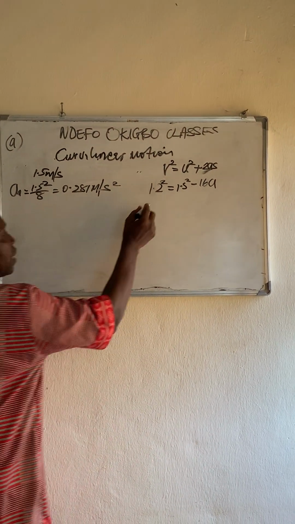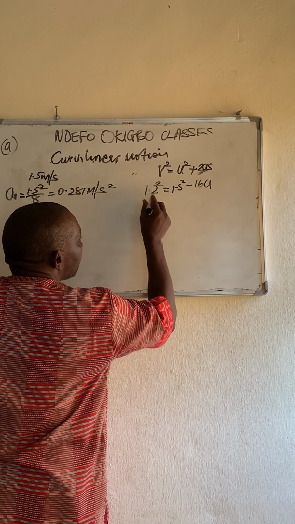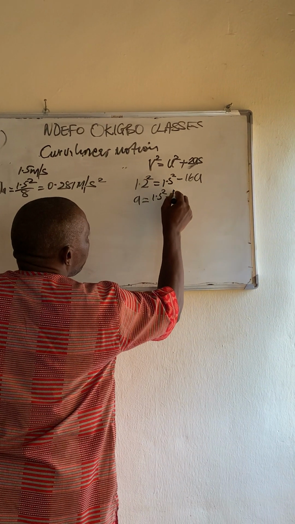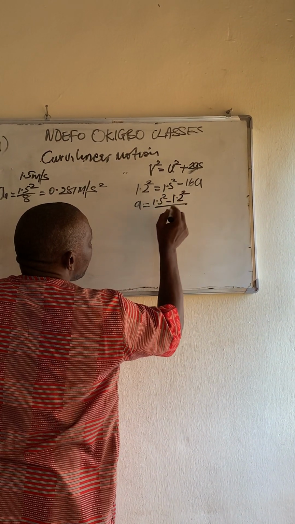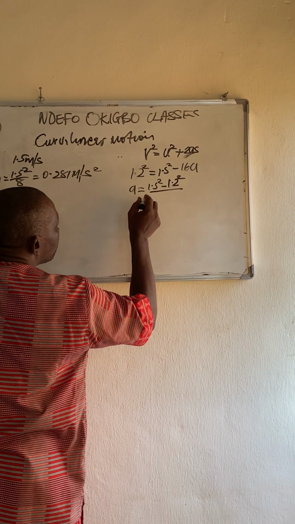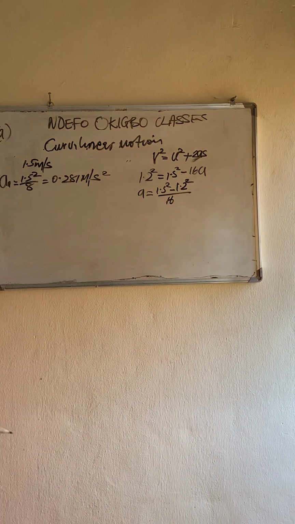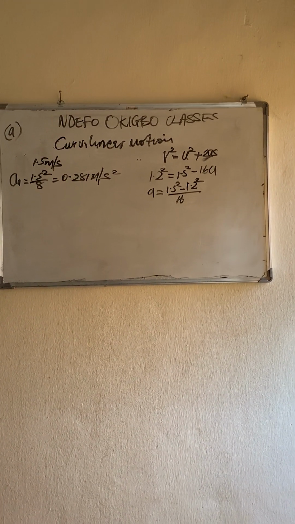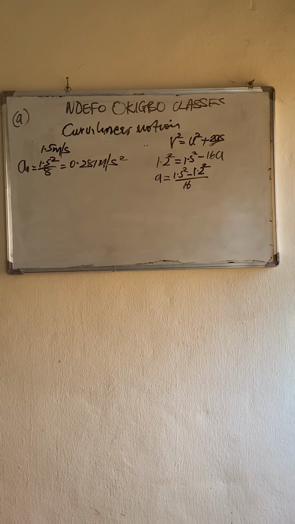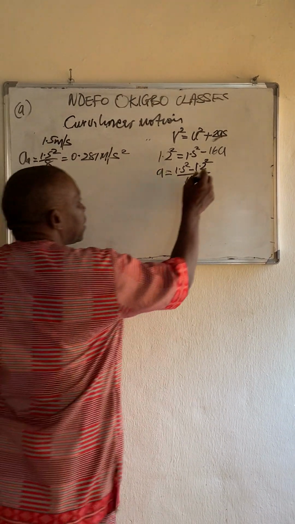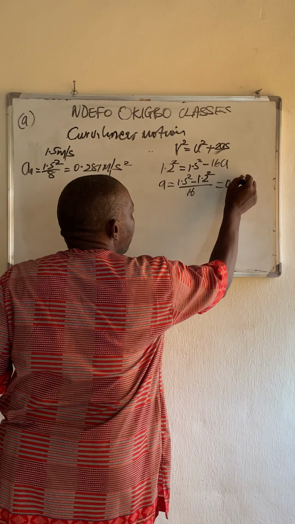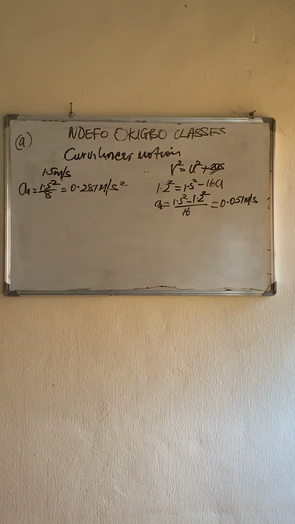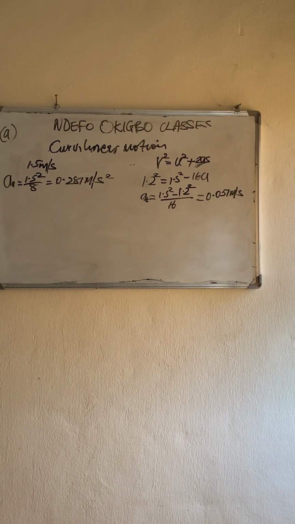So a is equal to (1.5 squared minus 1.2 squared) over 16. That is the tangential acceleration, which I got to be 0.051 meters per second squared. Earlier we got the normal acceleration, and now we have the tangential acceleration.